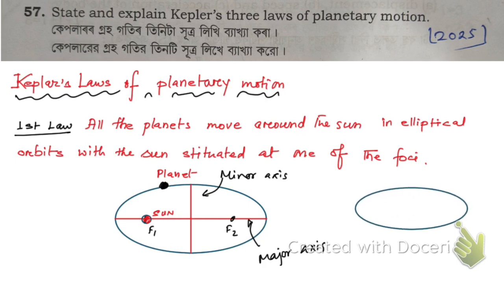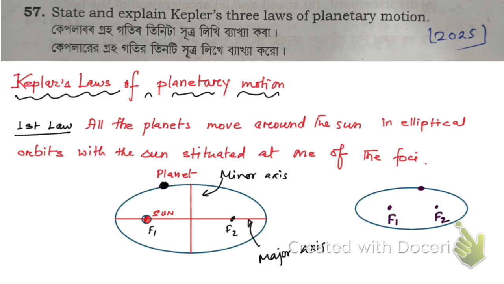If you take any point on this ellipse, then let me mark both foci: this is F1, this is F2.